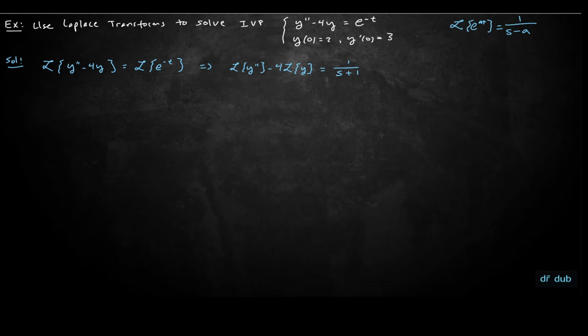All right, so now Laplace of y double prime is going to be s squared capital Y of s minus s y of 0 minus y prime of 0, minus 4 Y of s equals 1 over s plus 1. Plug in our initial conditions.